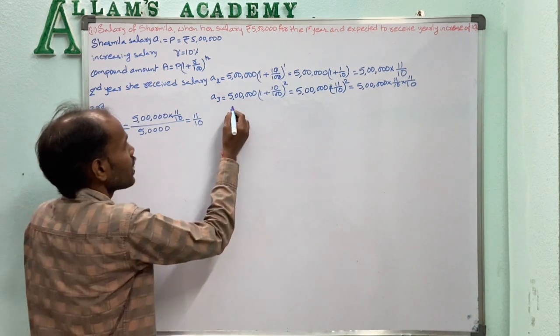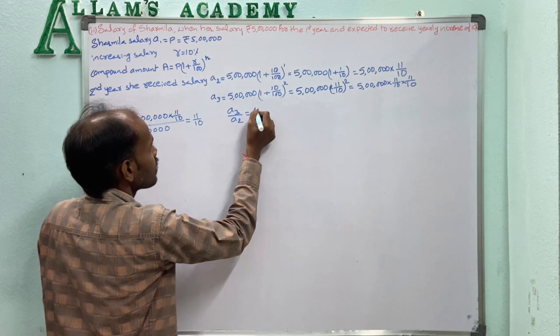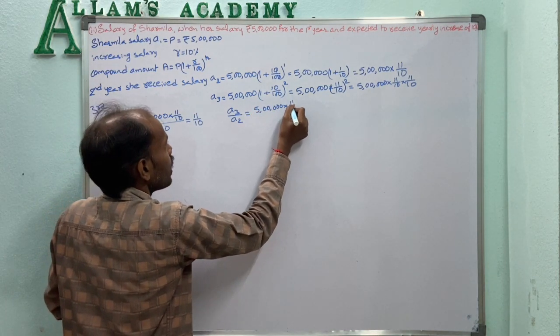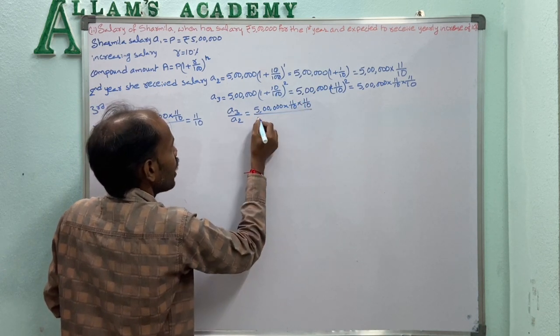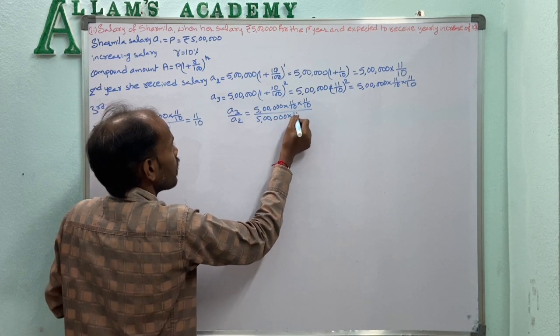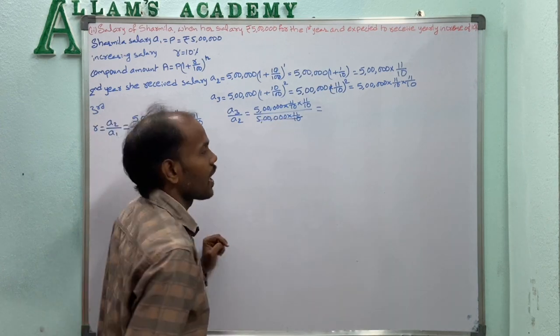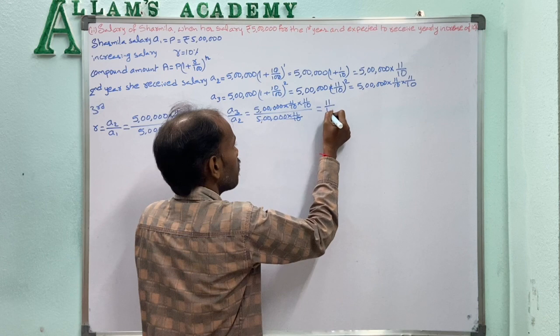If we do A3 by A2, that is 5 lakhs into 11 by 10 into 11 by 10 by A2, the second term, 5 lakhs into 11 by 10. So 5 lakhs into 11 by 10 gets cancelled and we get 11 by 10.